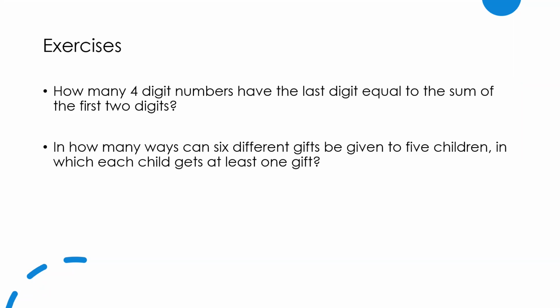How many 4-digit numbers have the last digit equal to the sum of the first 2 digits? Let's just think of the sum first. The sum can be 1, 2, 3, 4, 5, 6, 7, 8, and 9. Now let's work this out like casework. For the first case, we have 1 and 0 is the only case.